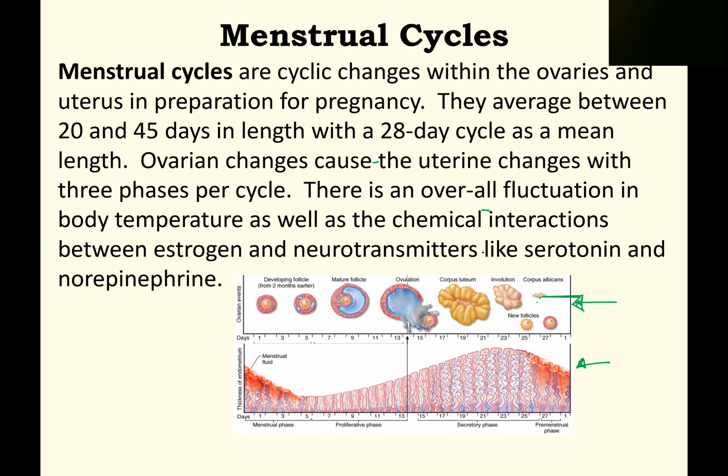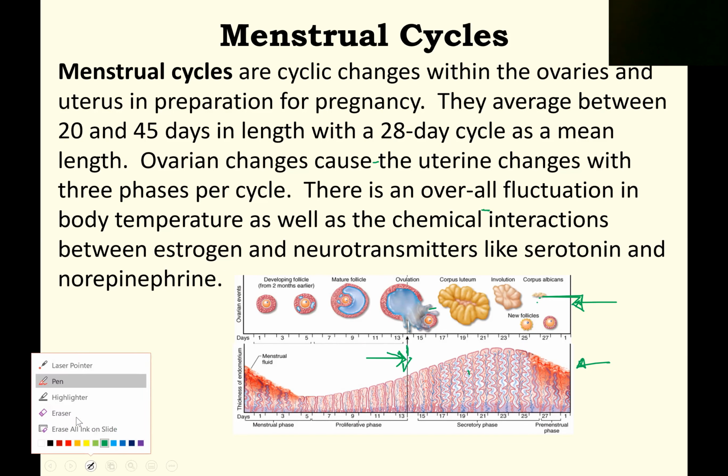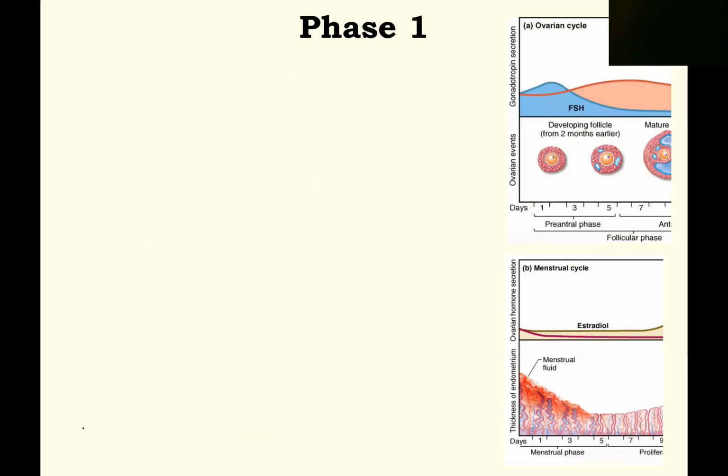Okay, one big change in the body temperature is going to happen near this line. There's a drop in body temperature that corresponds with this line here, and that actually lines up with ovulation. Okay. So we'll go over the ovarian changes and then the uterine changes.